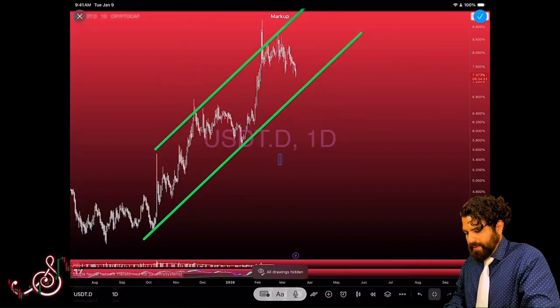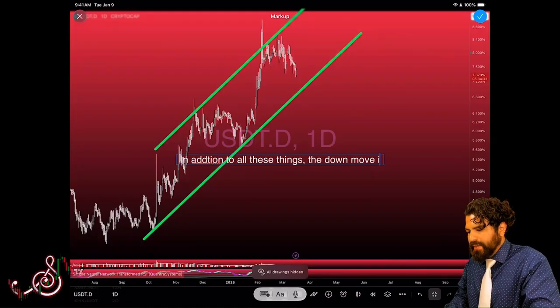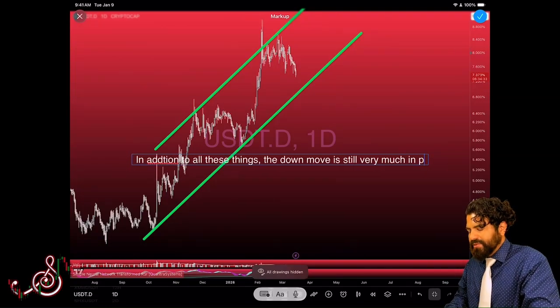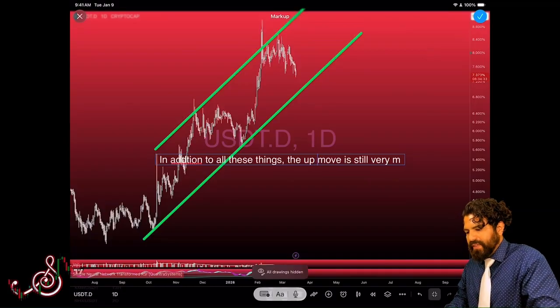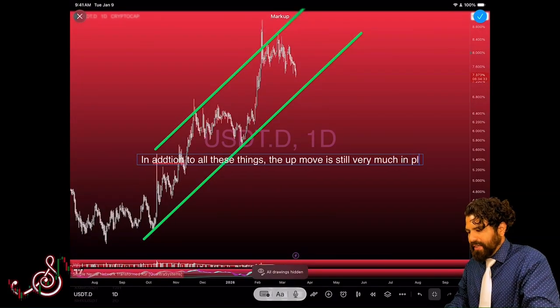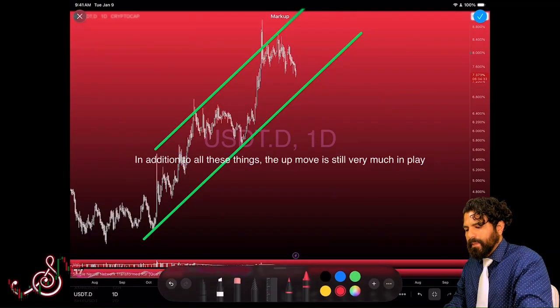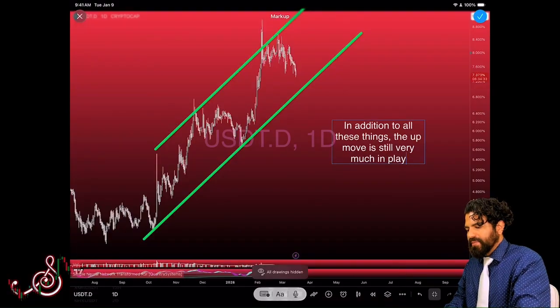And then, in addition to all these things, the up move is still very much in play, not down. The up move is still very much in play. Okay, this is the big takeaway in the market.